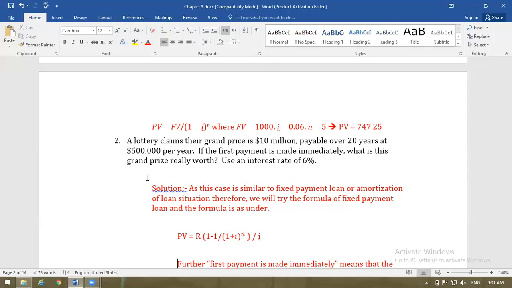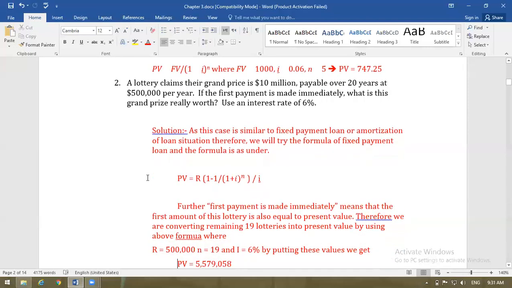So this is the fixed payment or amortization of loan case. And the fixed payment case formula is present value is equal to R times 1 minus 1 divided by 1 plus I raised to power n, divided by I.